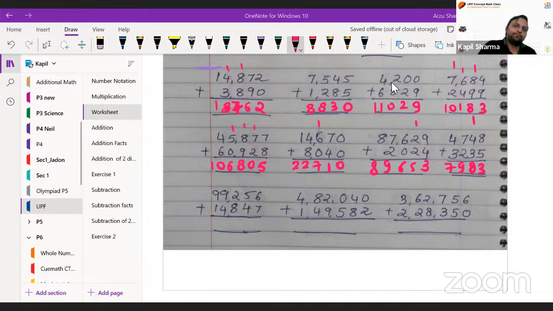Okay, last row, guys. 7 plus 6 is 13. So yeah, 0. Okay, good, Sujan. Others, Gauravi. Okay, fine.